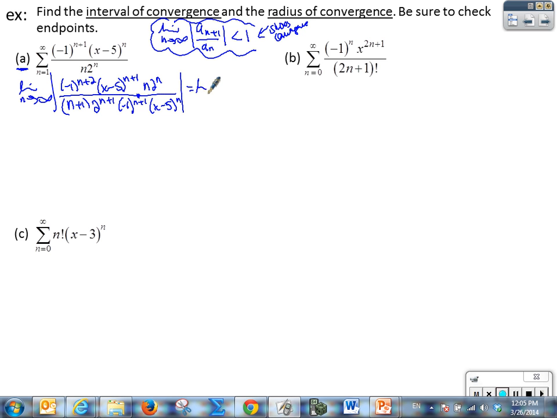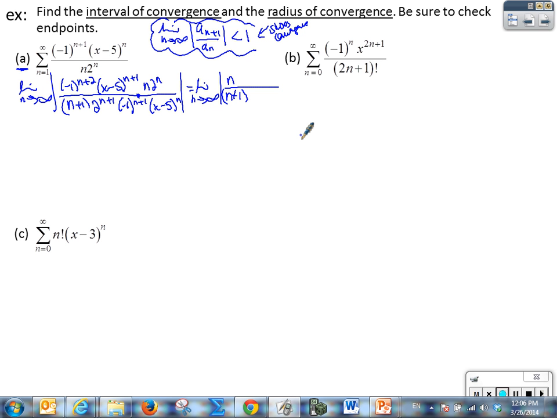All right, limit as n goes to infinity. Let's work on these n's. There's no fixing these guys, so there's no simplifying them. I have the n and the n plus 1. Those won't simplify.